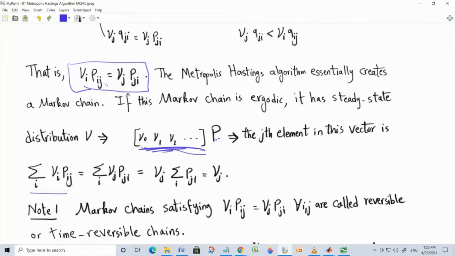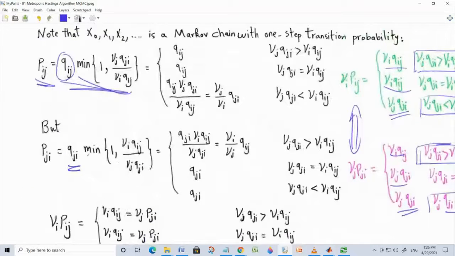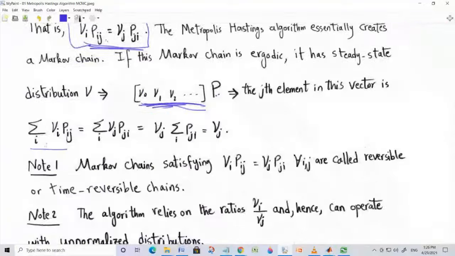But now there is something particular about our Markov chain, which is that it satisfies this equality for every i and j. So in this summation you can replace mu_i P_ij with mu_j P_ji. As we verified, these two quantities are by design exactly the same.